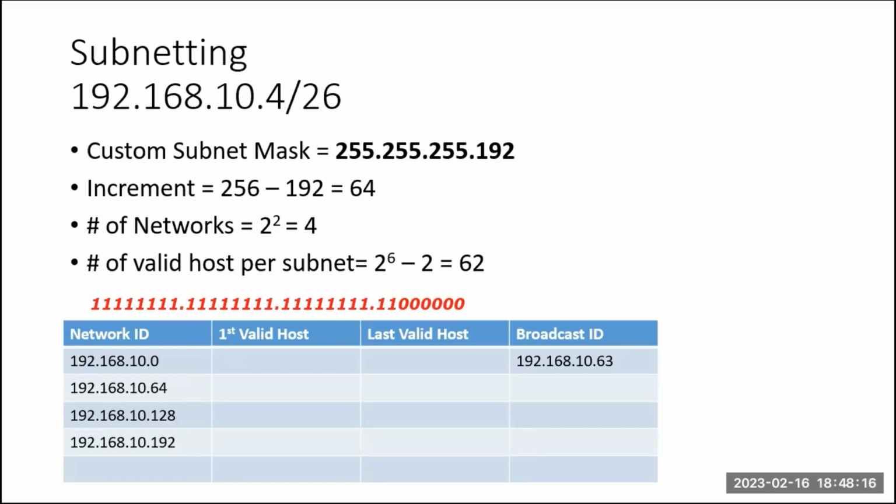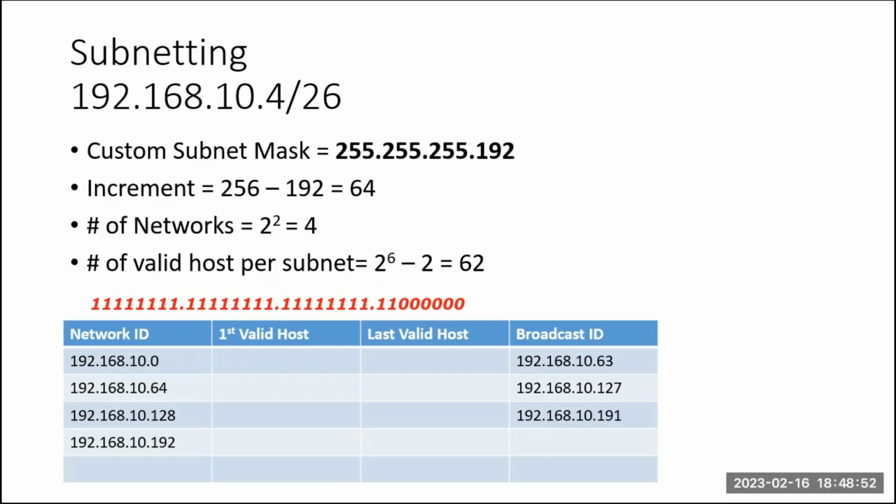So when you're subnetting, the broadcast ID is the number just before the next network ID. What's the broadcast ID for the 64 network? 192.168.10.127, the number just before the next one. For the third one, 192.168.10.191.